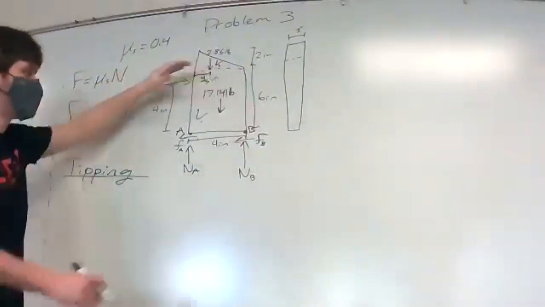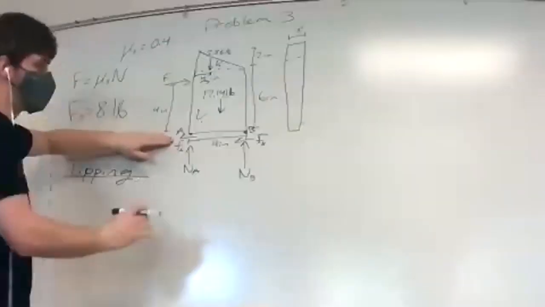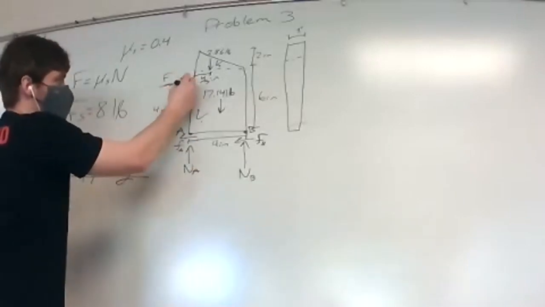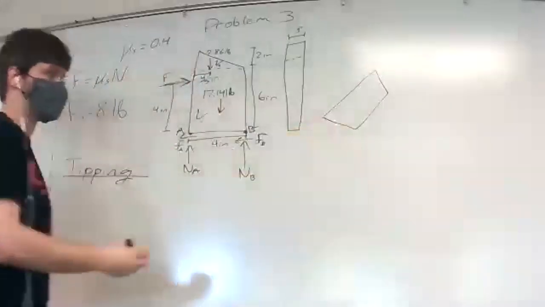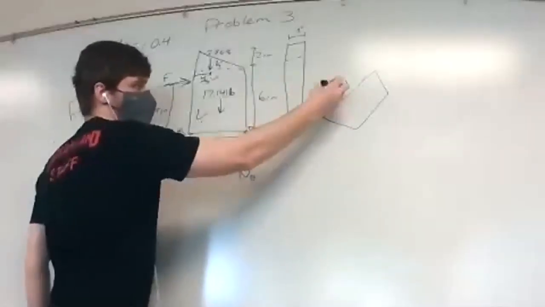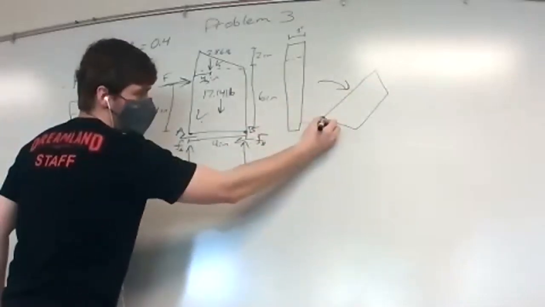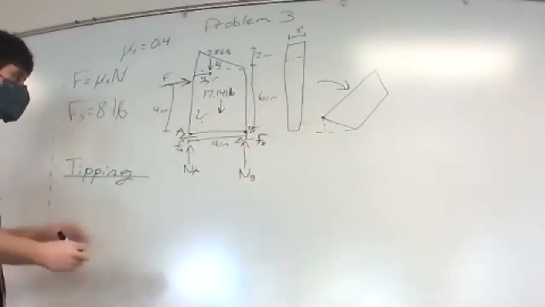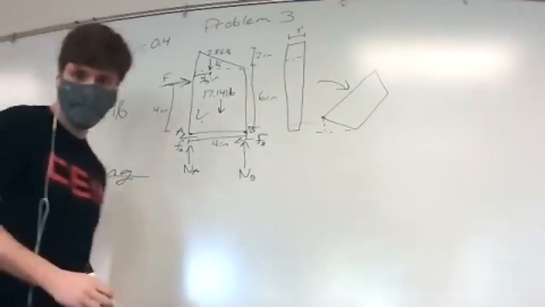You can see as the force pushes this way, the shape is going to want to move like that, and N at point A will no longer touch the ground, because as F moves this way, our shape is going to want to fall over. So this point, NA, is no longer on the ground. So NA goes away. We don't have to worry about it for tipping.